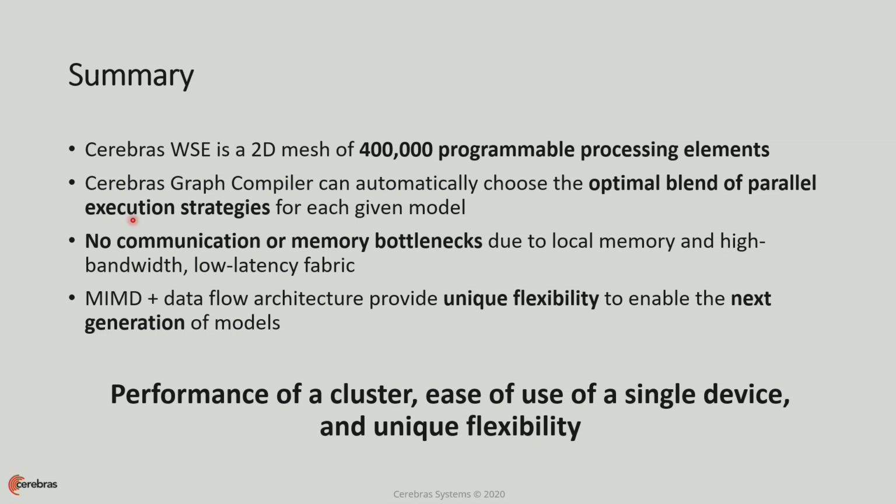So we have extreme memory bandwidth, and very high connectivity between all of the cores. So we can afford to choose this flexible blend of distribution strategies and choose whatever is best for a specific model. And the fact that our hardware is multiple instruction, multiple data, and a dataflow architecture, enables us to support this next generation of models.